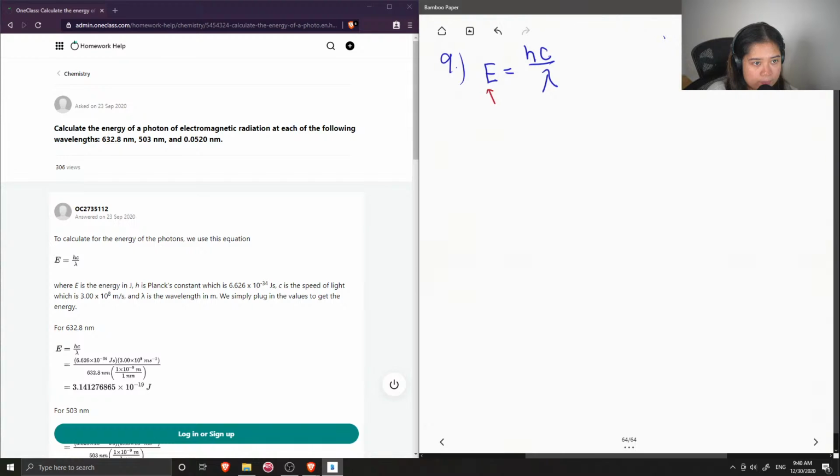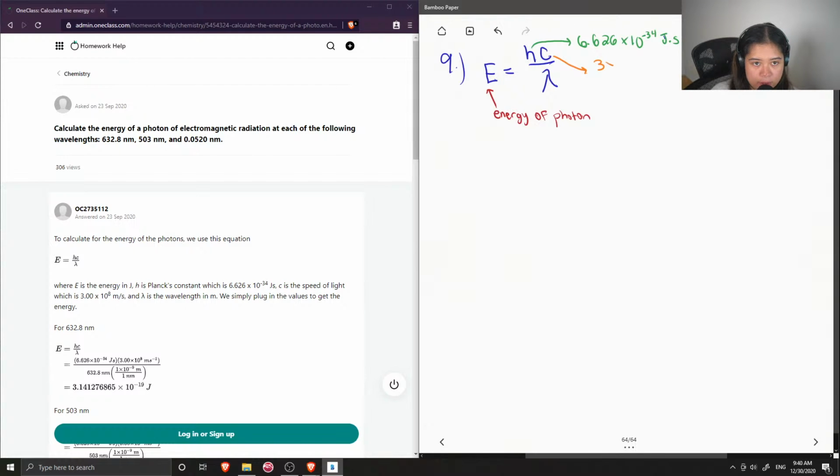So E is the energy of a photon. h is Planck's constant, so it is equal to 6.626 times 10 to the negative 34 joules times seconds. c is the speed of light.